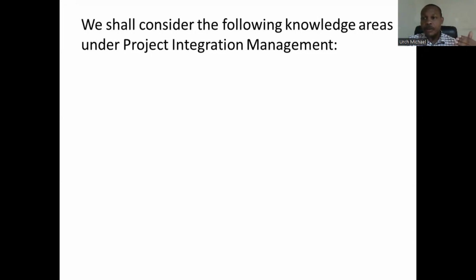I'm going to take this bit by bit, and we're going to look at the various knowledge areas under each of them. Generally, we have about 49 knowledge areas. Going through the project knowledge area charts, you're going to see that we have about 49 of them.